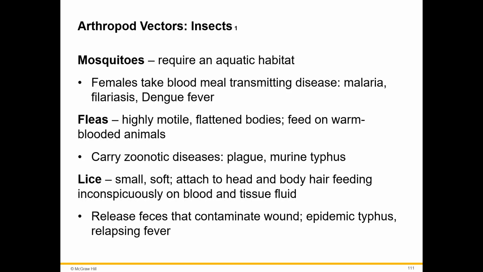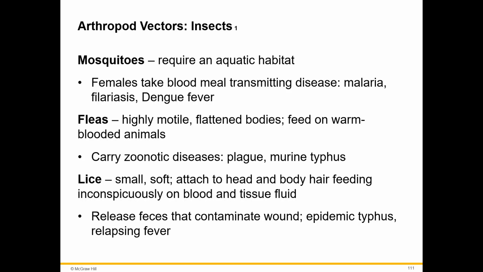And then we have fleas. One jump can be a whole football field across, so they're highly motile. They're also flattened and very small, so they can get around. They feed on warm-blooded animals. You can get bit by a flea from someone's dog or their cows.